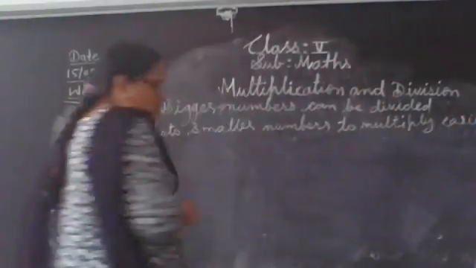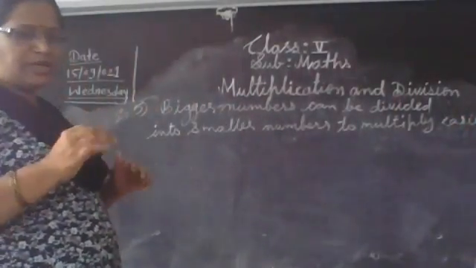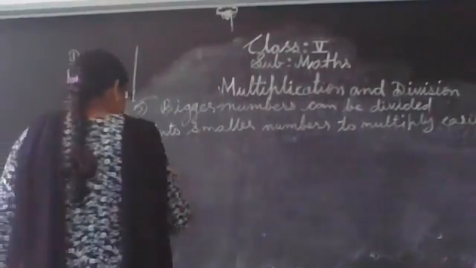It means you can divide the bigger number into smaller ones and then multiply. For example, see, beta.